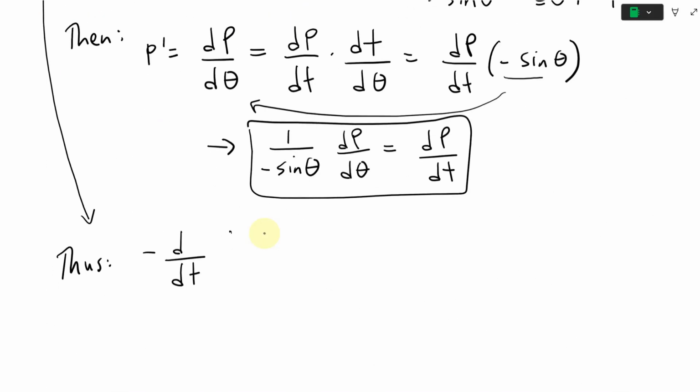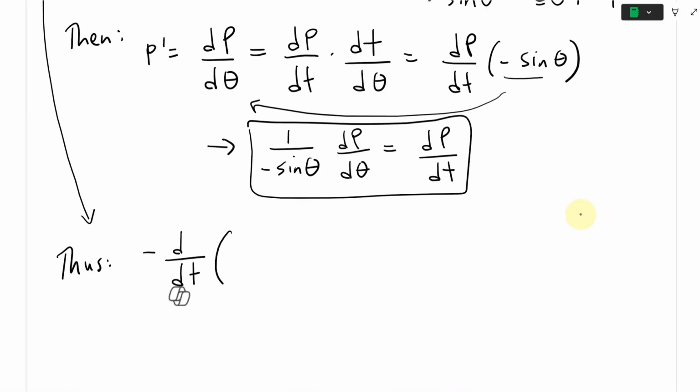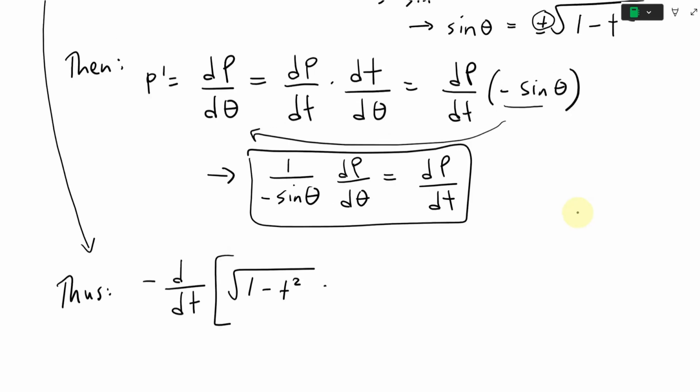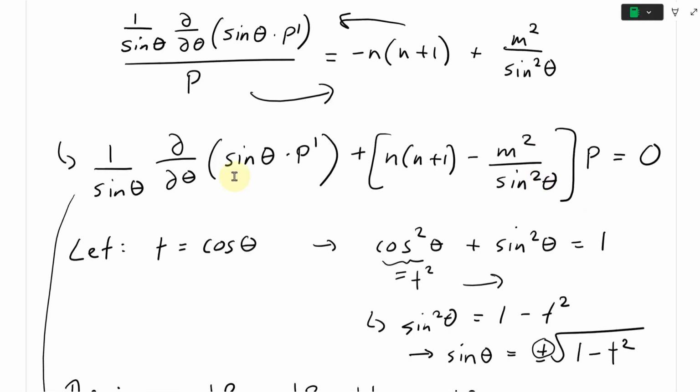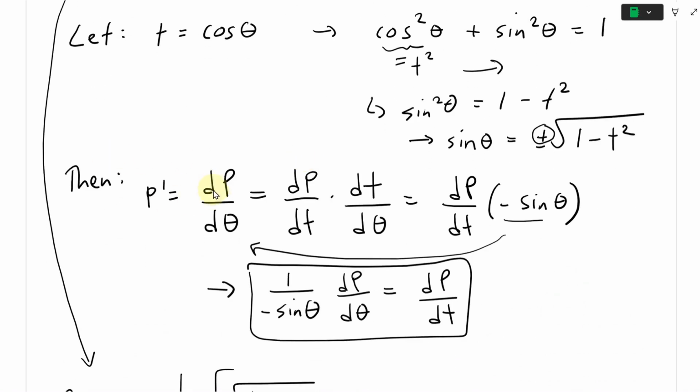That's going to be sine, and we know sine is equal to the positive square root of 1 minus t squared. So we're going to do a square root of 1 minus t squared, and then times it by, we'll make this a square bracket, because the next one here is p prime. We know p prime is just going to be equal to this dp over d theta.